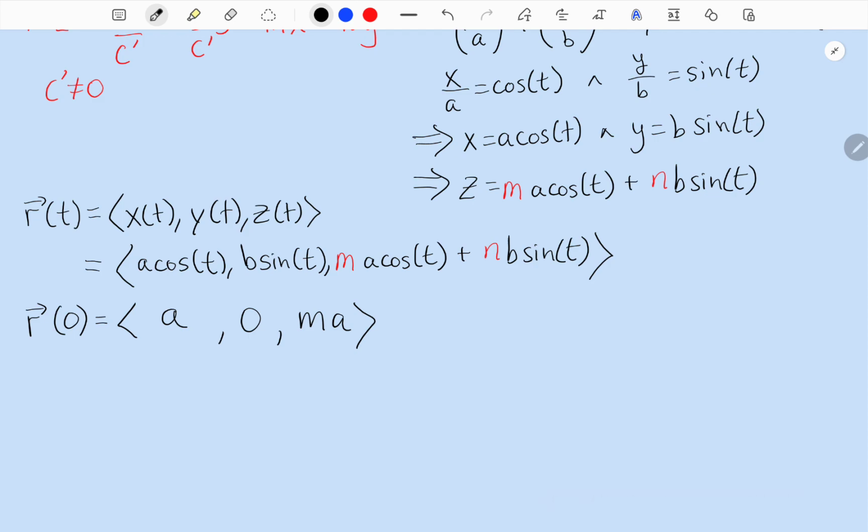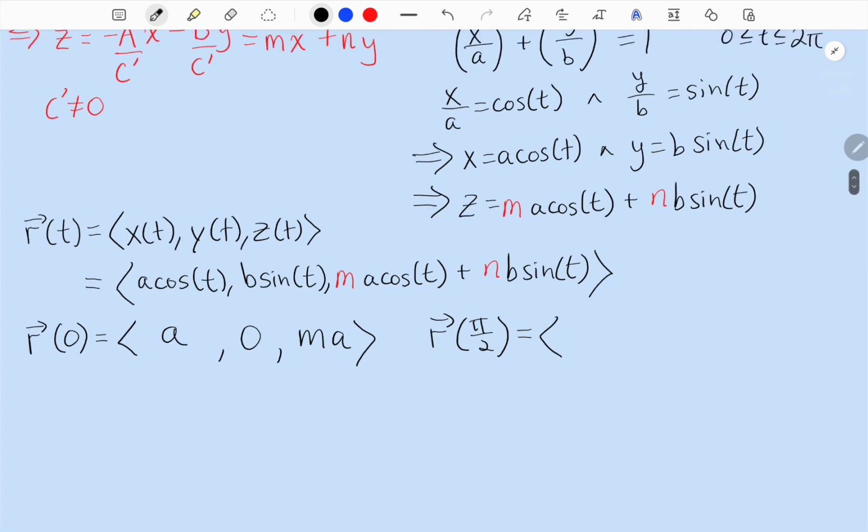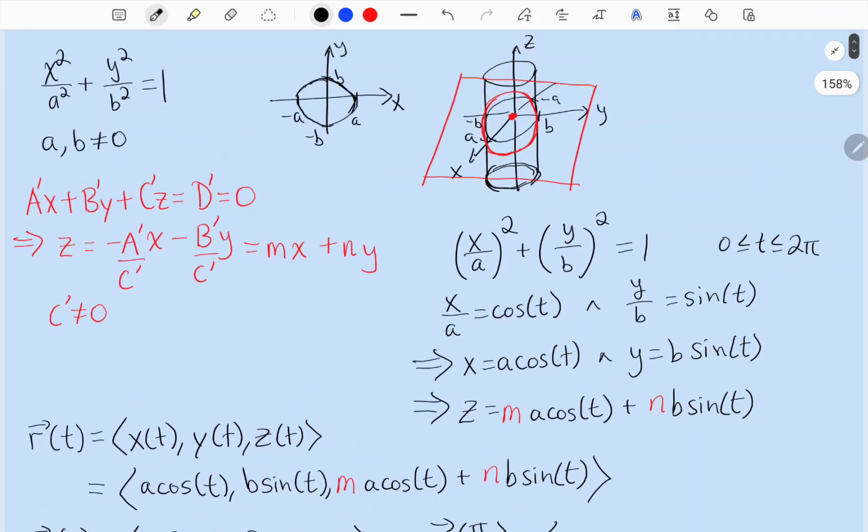Okay, and then r of pi over 2, so at 90 degrees or pi over 2 radians, your radius is pointing along the y-axis.